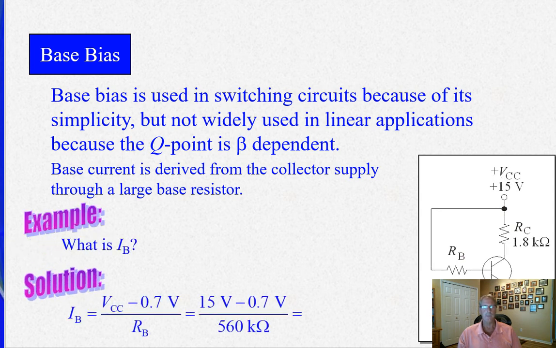IB is going to be 0.7 volts, right? Because the emitter is grounded. So the base voltage is what? 0 plus 0.7. So we're going to go 15 minus 0.7 divided by the 560K, and you end up with 25.5 microamps. Not real common. Don't see this very often, this base bias thing.